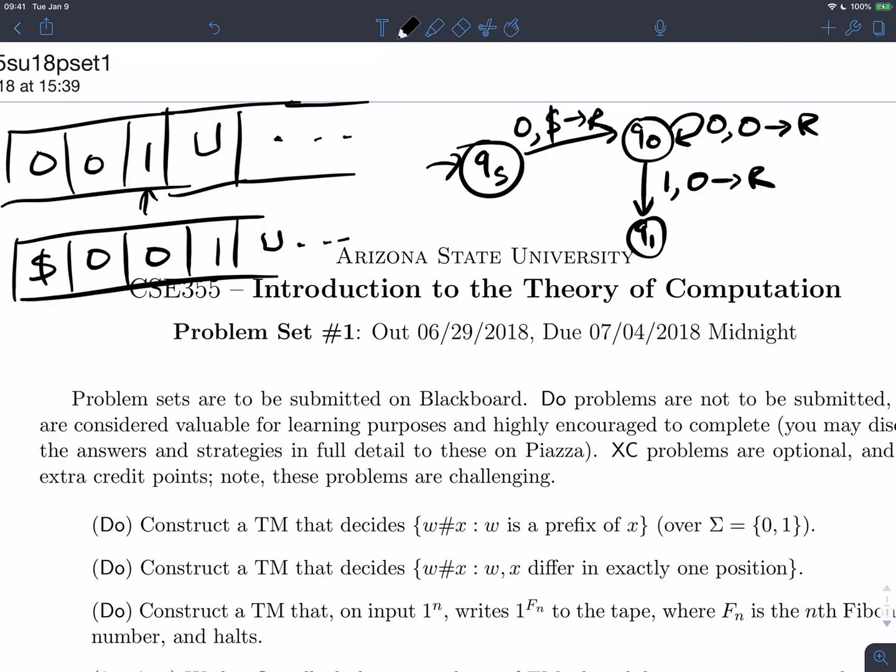Okay, well, what if I was in Q1, so the 1 I just saw before, and I now see a 0? What state should I go to? Q0, right? Because the 0 for Q0 and the 1 for Q1 represent the character I just saw. So I'm remembering, in a sense, the character in the state.